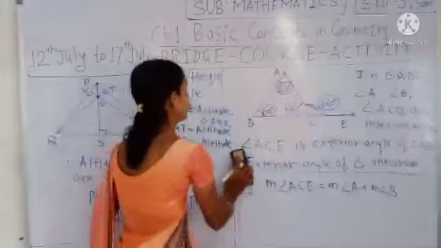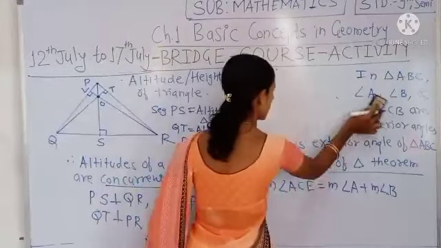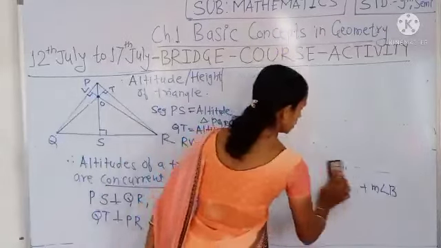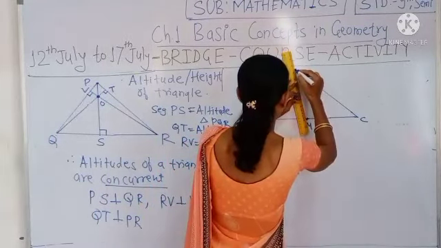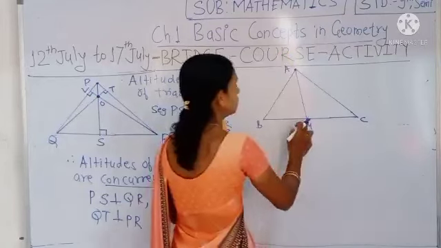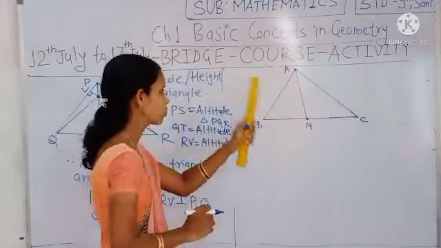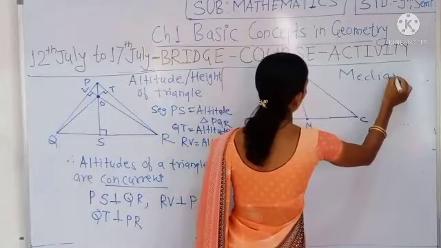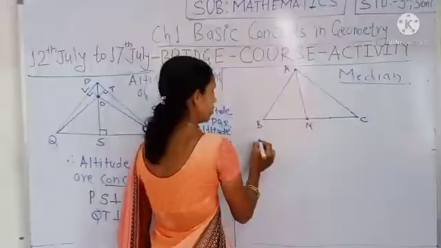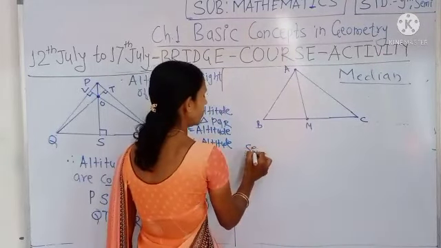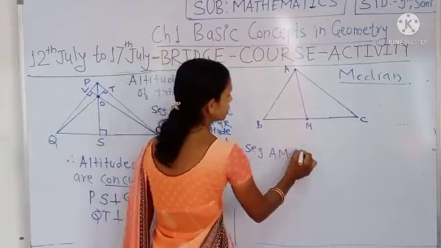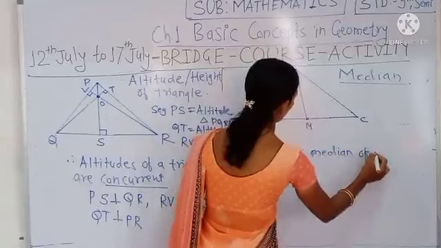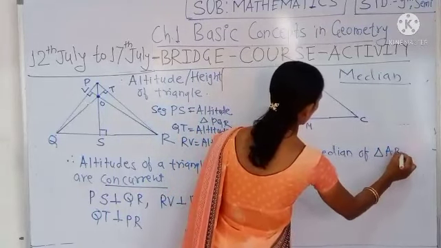Then we can also draw the median of a triangle. The line segment which joins the vertex and midpoint of the opposite side is called a median. Here segment AM is a median of triangle ABC.